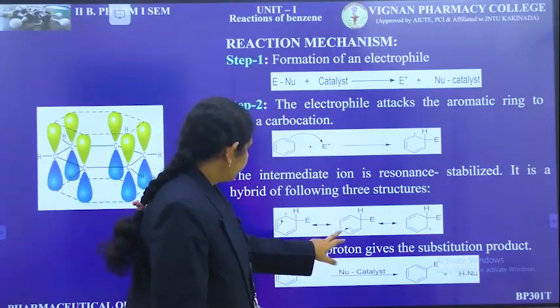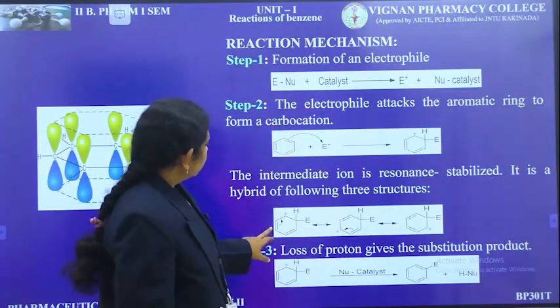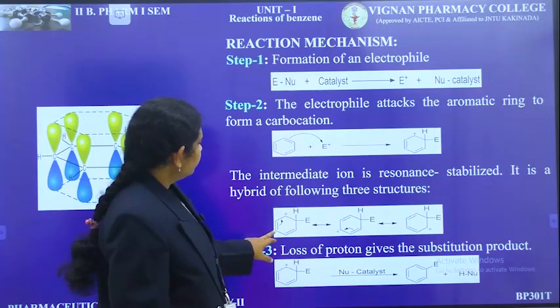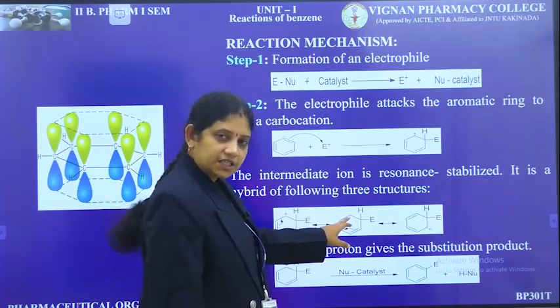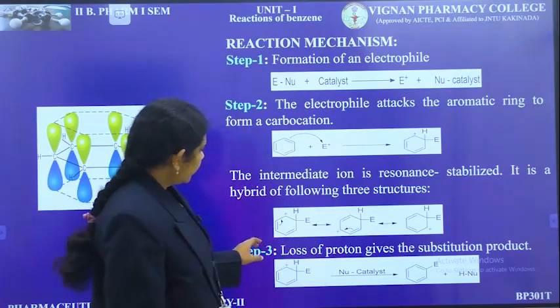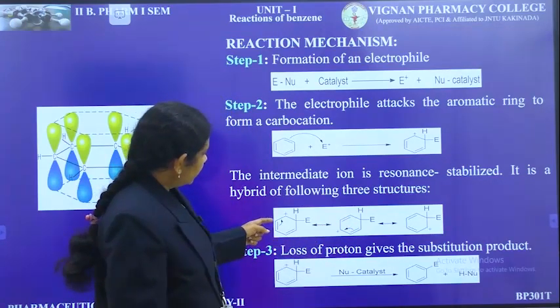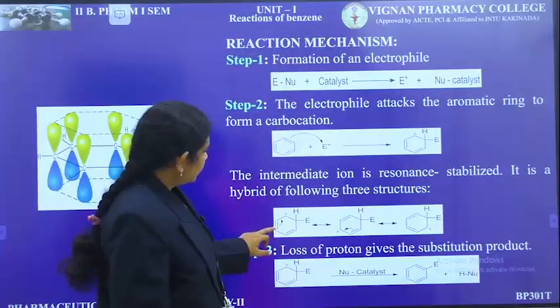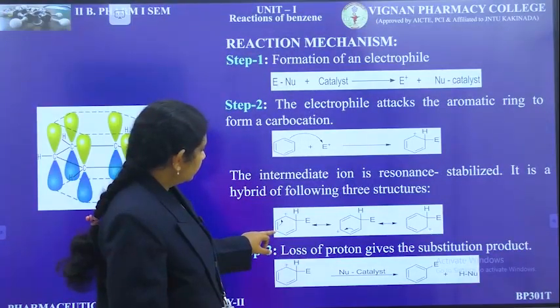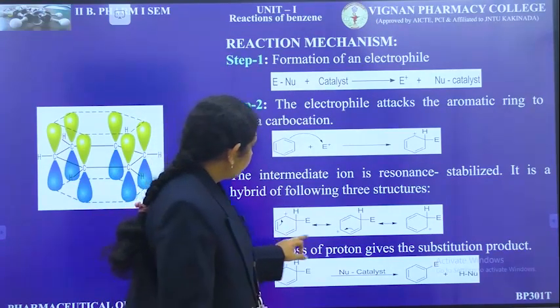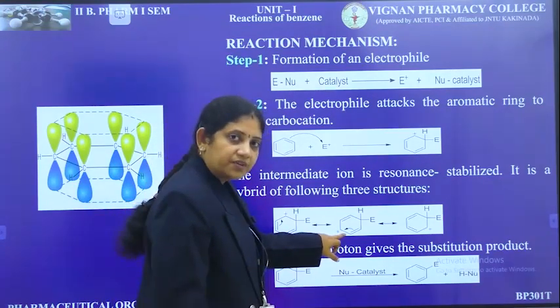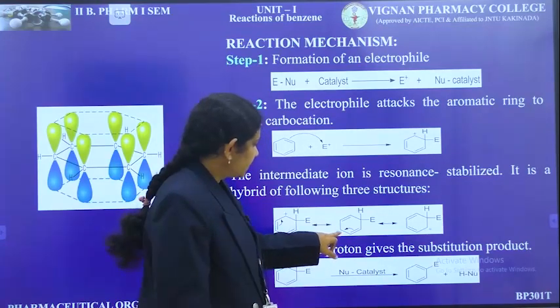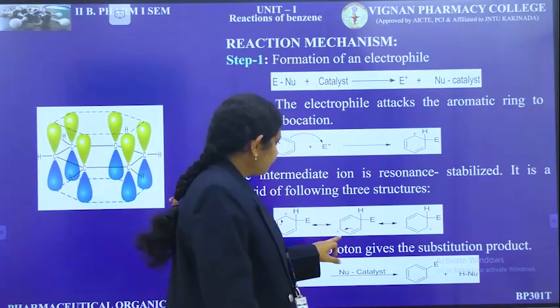So when the pi electrons present between the 5th and 6th carbon atoms are shared between the 6th and 1st carbon atoms, what happens? This 6th carbon takes one of the pi electrons present at the 5th carbon atom. So at that time you observe there is electron deficiency at this 5th carbon atom.